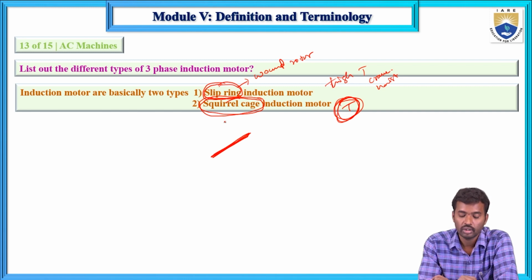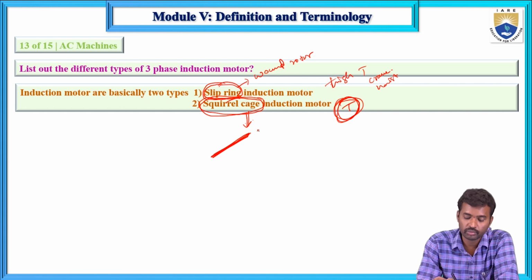Because of that, losses are less in the squirrel cage induction motor, and losses are more in the slip ring induction motor. Losses being more means efficiency decreases. Here efficiency increases.